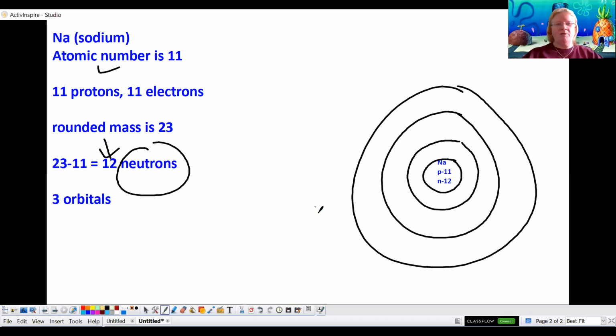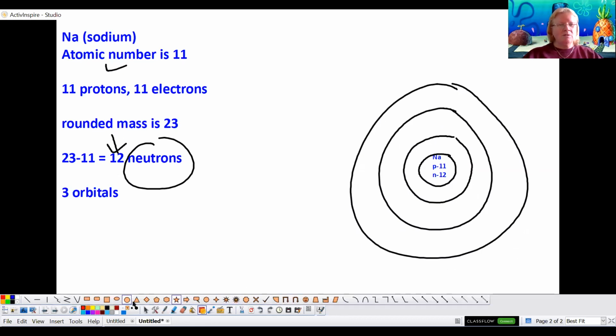Okay, so now I'm going to place my electrons. Remember, the first energy level can only hold 2. So I'm going to go to my tool here. I'm going to cheat. Okay, so it goes above and below. So 1, 2. So I've placed 2 and I have 9 more to put. So I'm going to go up, right, down, left.